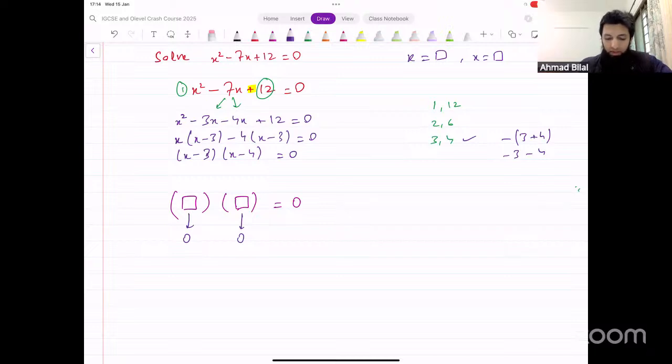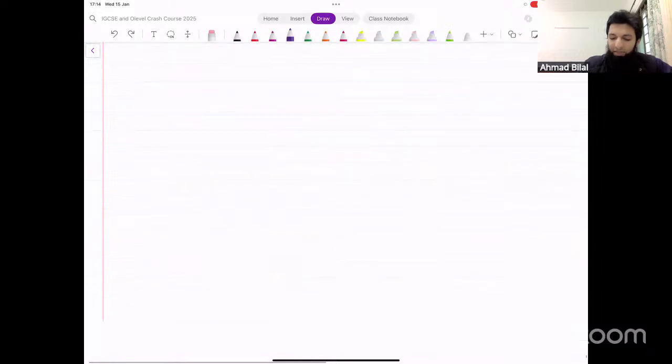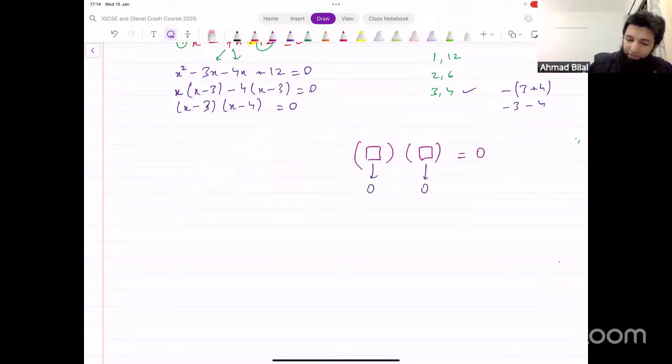For the product of two expressions or two numbers to be equal to 0, either the first one should be 0 or the second one should be 0. What that means is, when we have reached this point, we say either x minus 3 is equal to 0, then this equation could be satisfied, or x minus 4 is equal to 0.